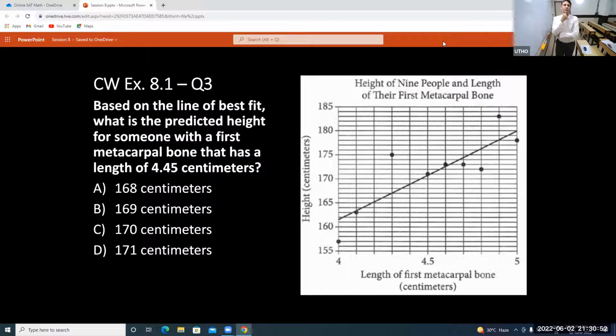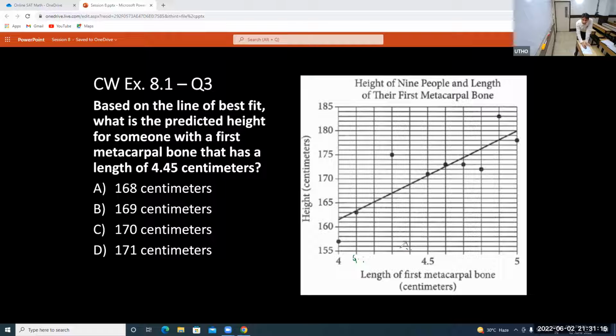इसको देखते हैं. Based on the line of best fit, predicted height निकालना है for someone with first metacarpal bone 4.45. Look at this. So if this is 4, this is 4.1 because 5 divisions हैं. ये 4.2 है, 4.3 है.